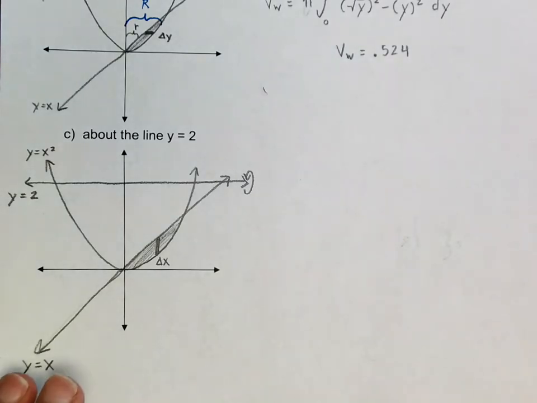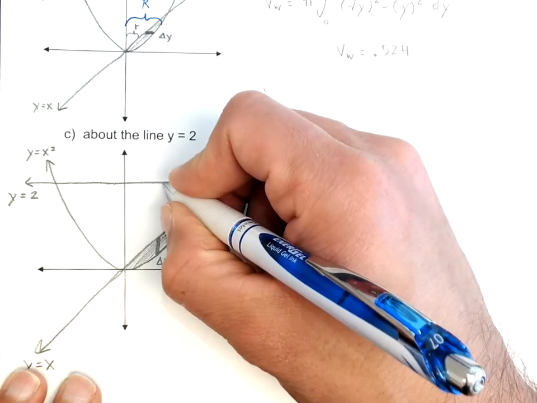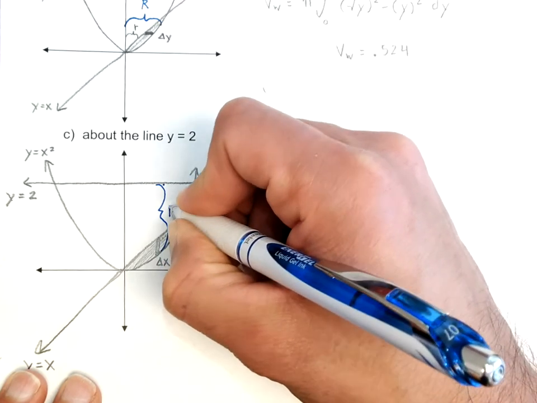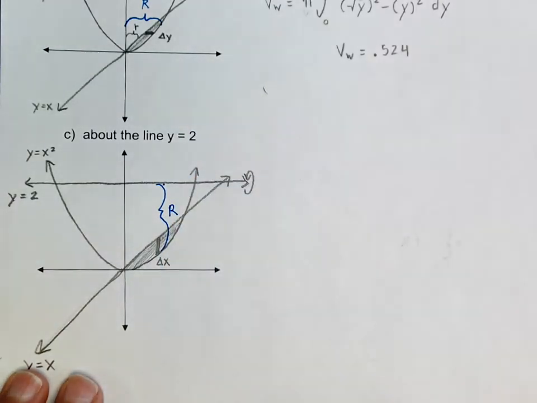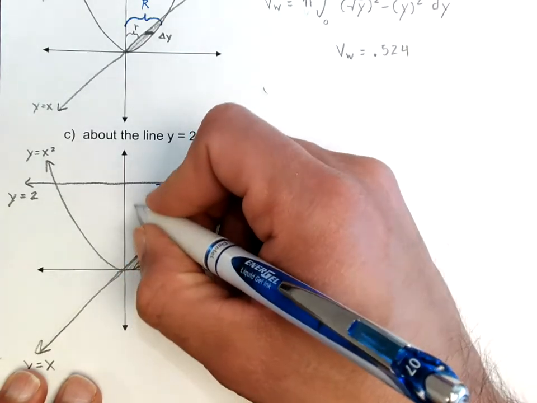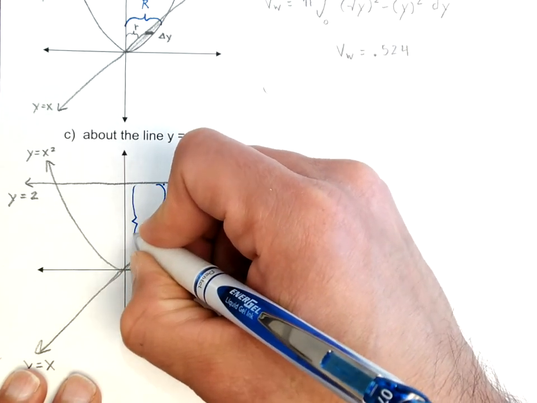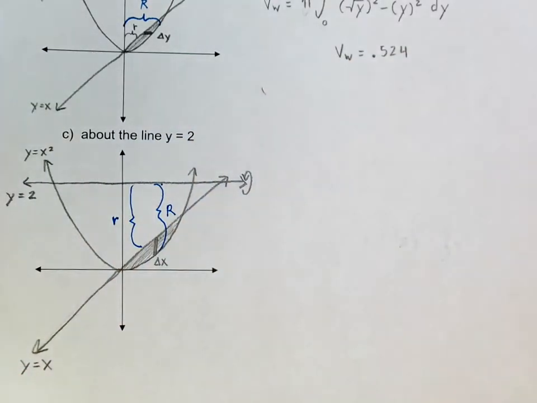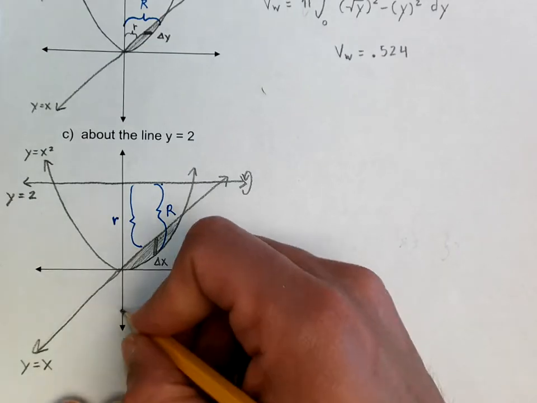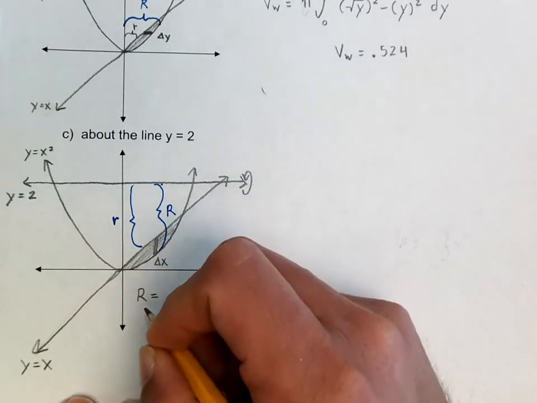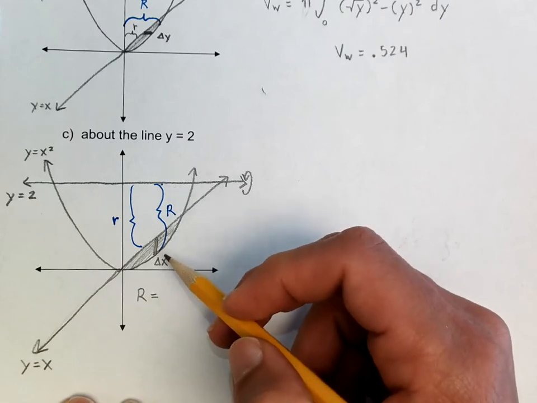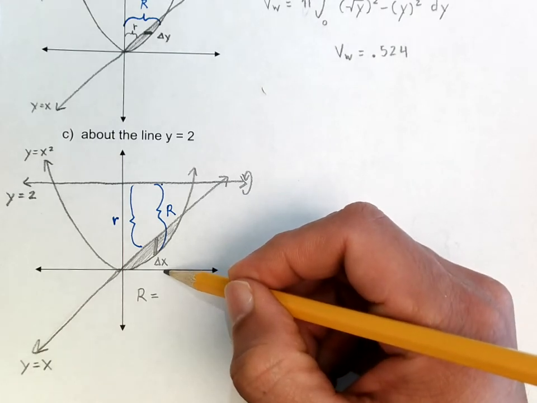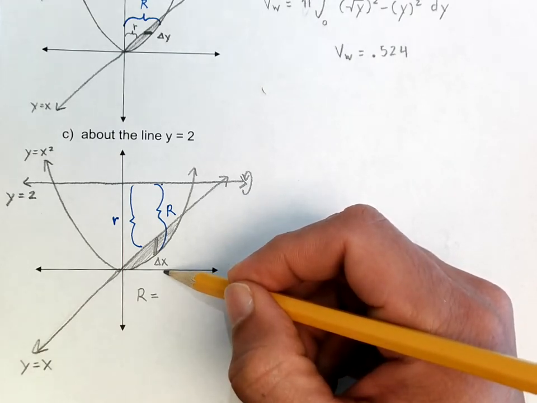If you understand that, you notice that the radius from this line to this line would be our capital R radius, and from this line to this line you have little r, or lowercase radius. Now to find this capital R radius, I'm going to tell you the logic of it, and it's going to work out the same way for almost every problem.